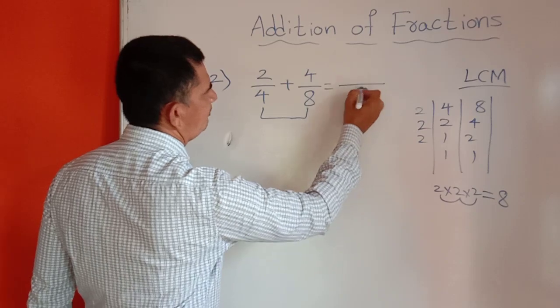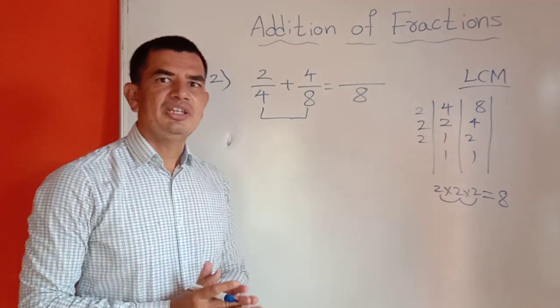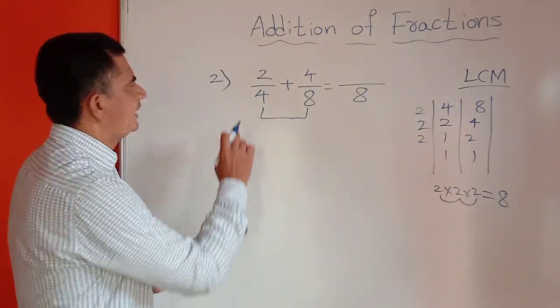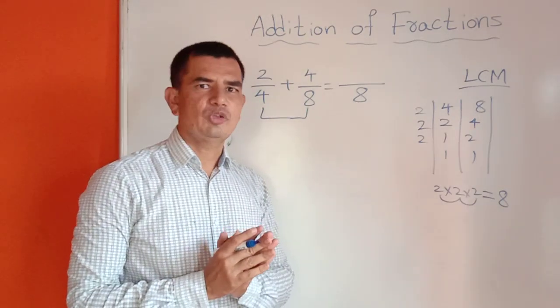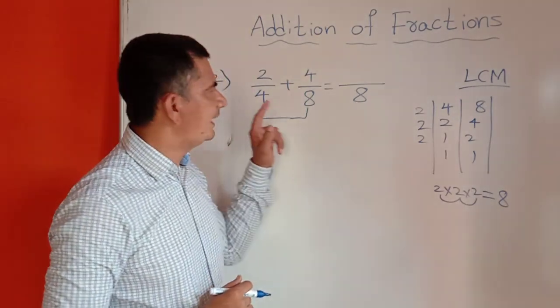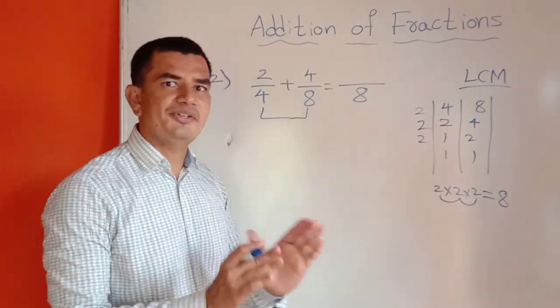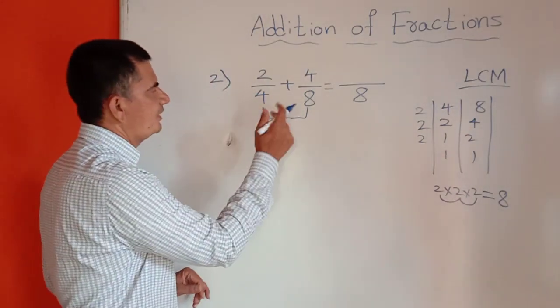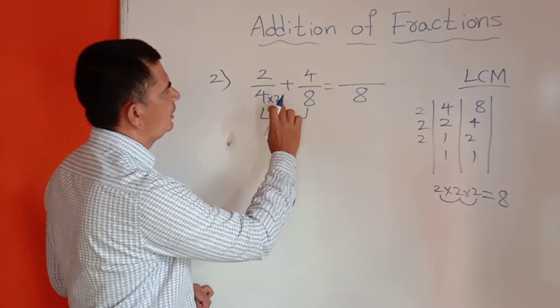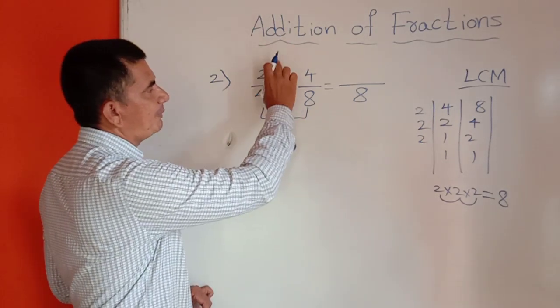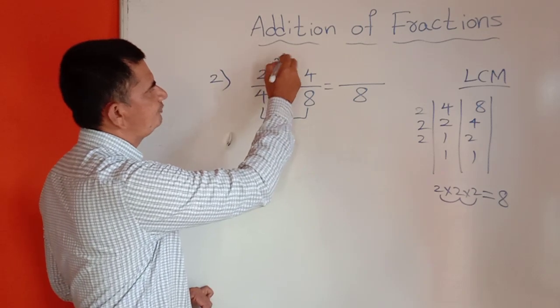How much we got LCM? 8. If the LCM is 8, now we have to check here. In 4 table, 8 is there or not. Okay, students? 4 how much is 8? 4 2s are 8. So the same number we have to multiply with the numerator.